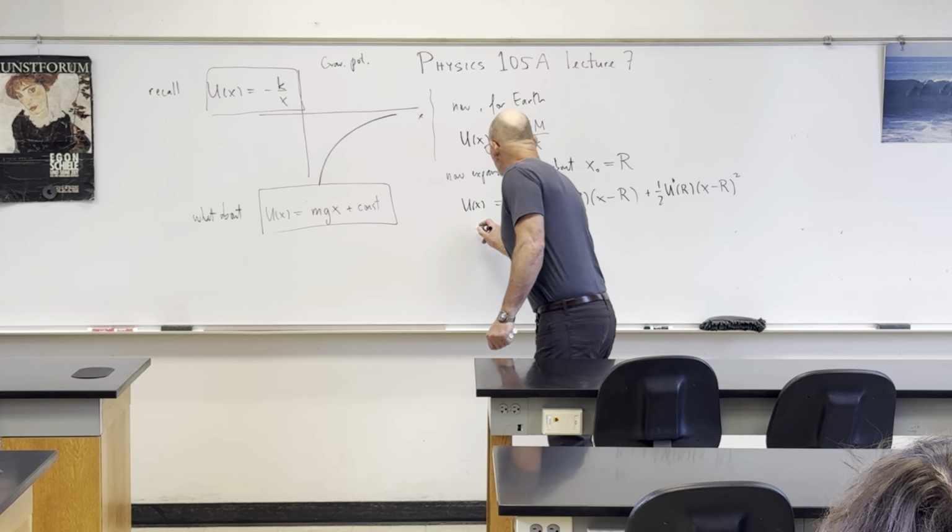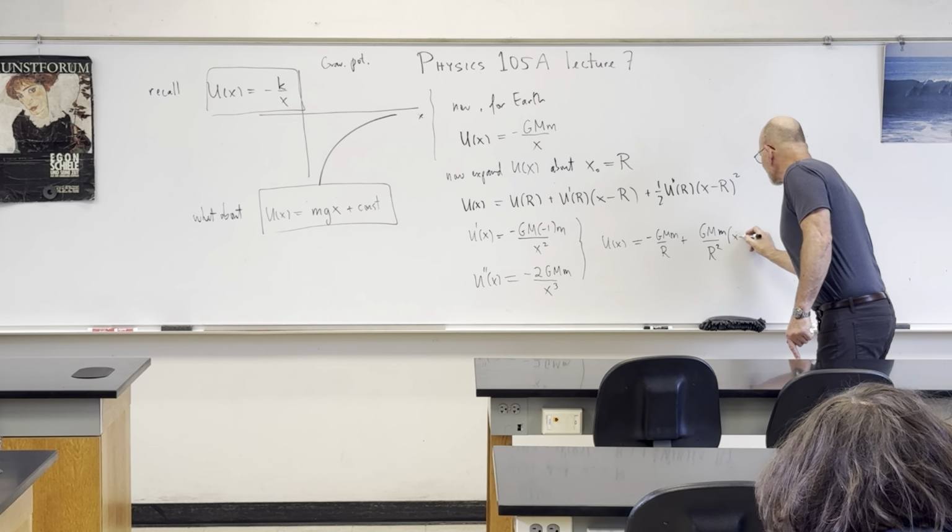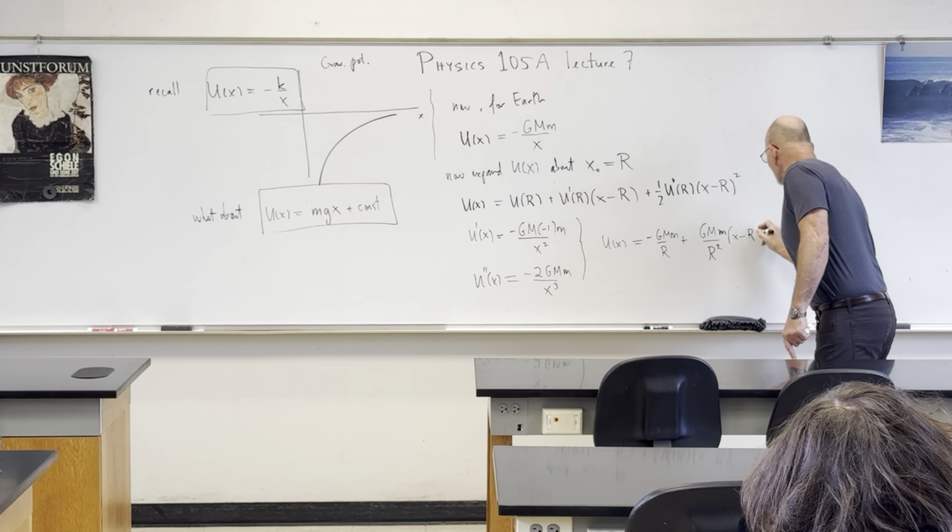So we can easily make that up. There we go. And so now we're back in business, plus sign GMm over R squared times (x minus R). And then minus, the 2 is going to be canceled with that 1/2 there, so minus GMm over R cubed times (x minus R) squared. So that's enough. Plus and so on.